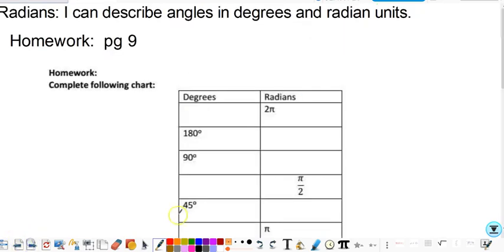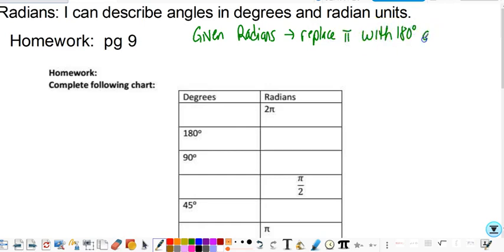Okay, so your homework now is page 9. You're going to convert. As a quick summary, if you're given radians, replace pi with 180 degrees and simplify. That's usually the fastest way.